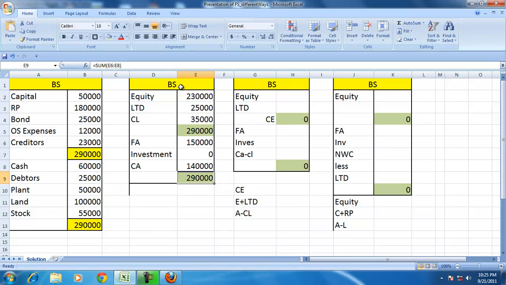Now the advantage of preparing a condensed balance sheet is that it helps us in getting a fairly macro picture about the company's sources and the assets. From an analyst perspective, it may not be necessary to start with to understand each and every item.